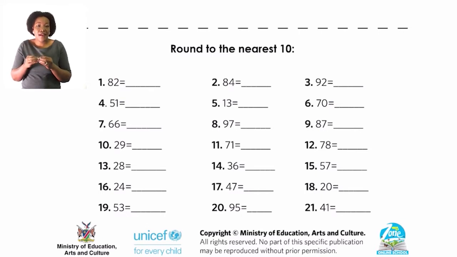Is 6 bigger or smaller than the 5? It is bigger or greater rather. So you have to move to the next number, which is going to give you a 40. Now I would like for you to practice by rounding off the activity to the nearest tens.